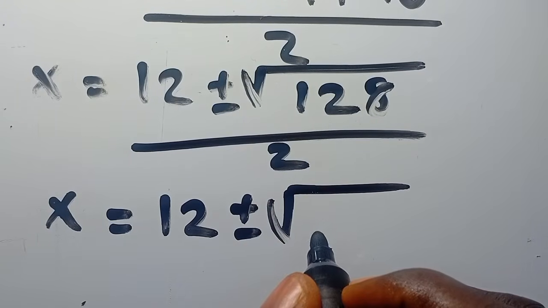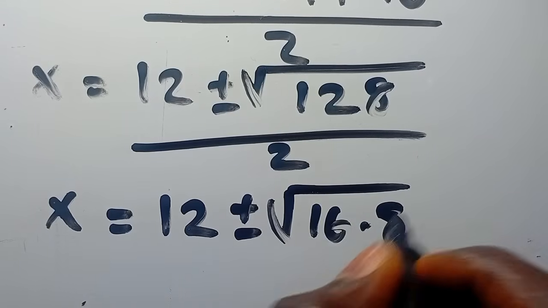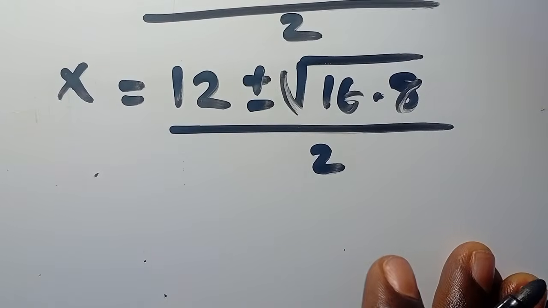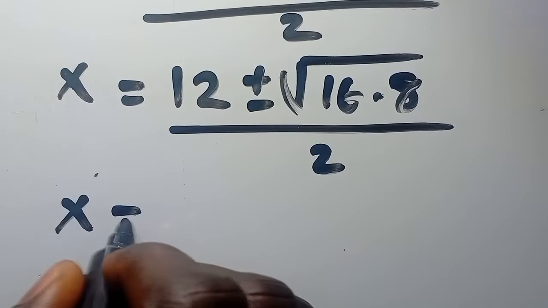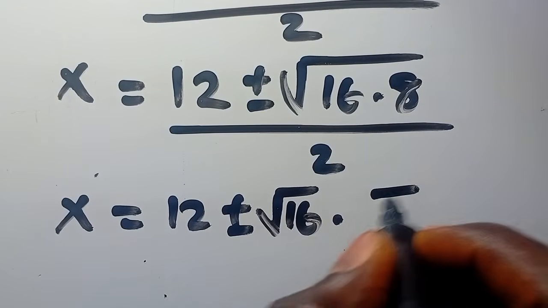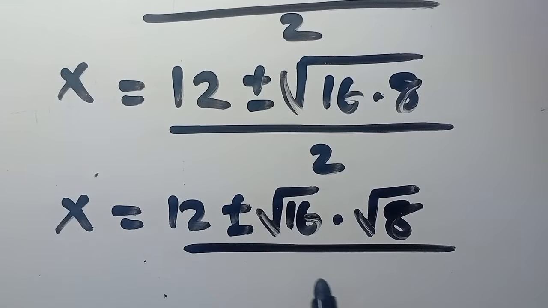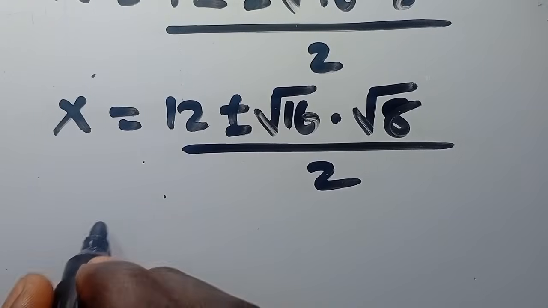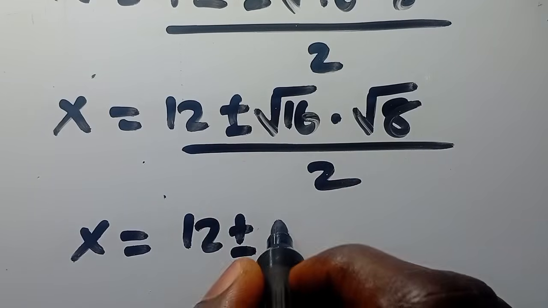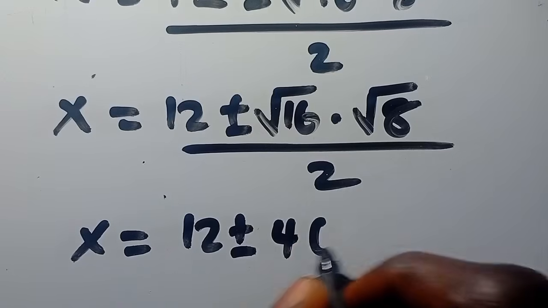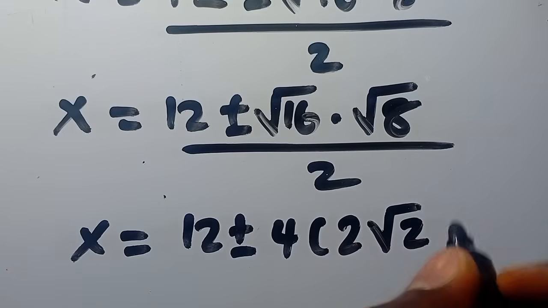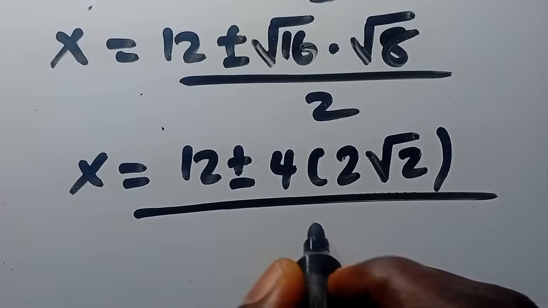128 can be simplified as 16 times 8 over 2. Then we have x equals 12, positive or negative, root 16 times root 8 over 2. Root 16 is 4, times root 8, which will be 2 multiplied by root 2, over 2.